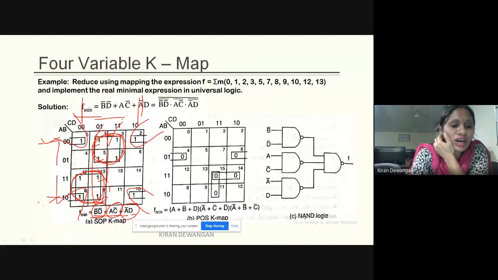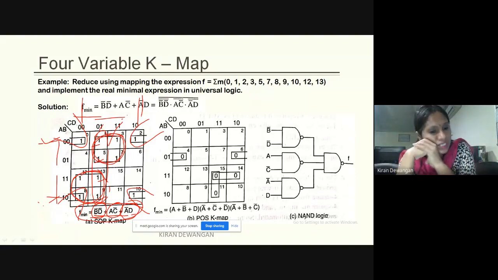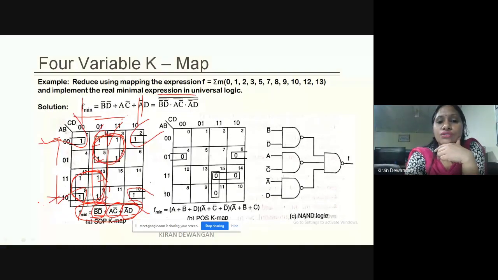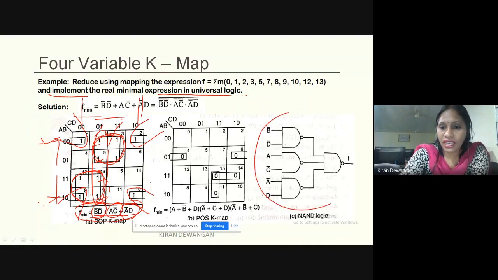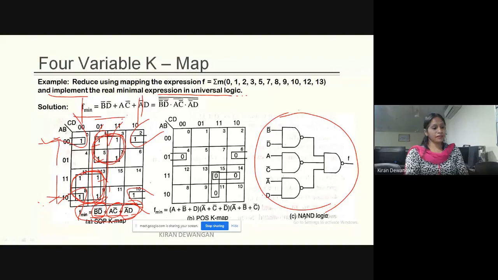So this is how we'll write our minimal expression. Then we have to convert it to NAND logic, as it is asking us to implement it in universal logic. Wherever it is asking to implement, that means we have to draw this logic diagram. Clear? Implementing means we have to draw the logic diagram.